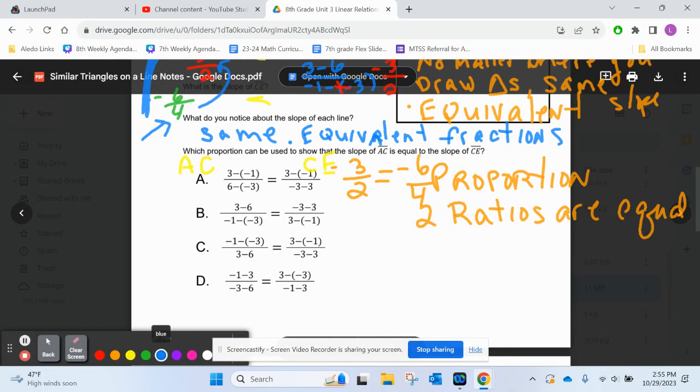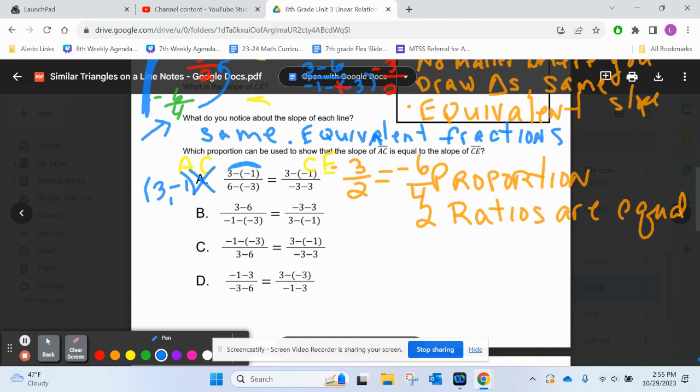On A, did you notice that 3 and -1 were actually from the same ordered pair? And so they've put X's and Y's together. And so that's why that one is wrong. B is actually looking pretty good, so let's skip that one.